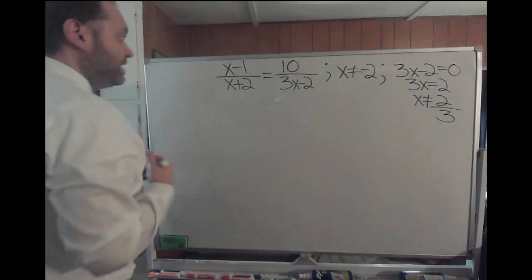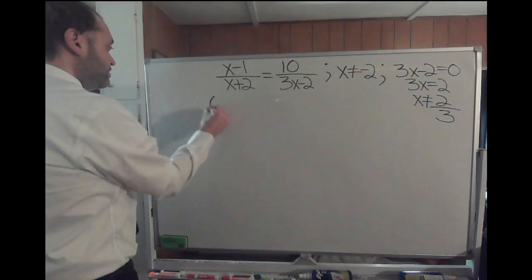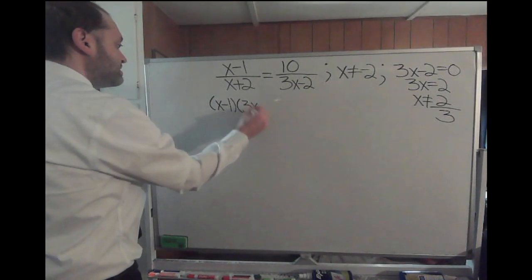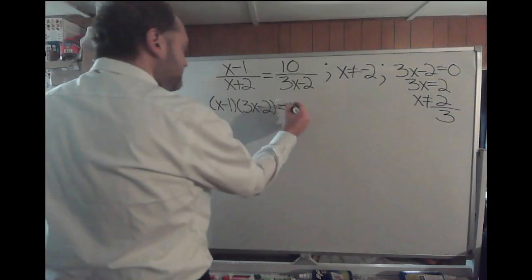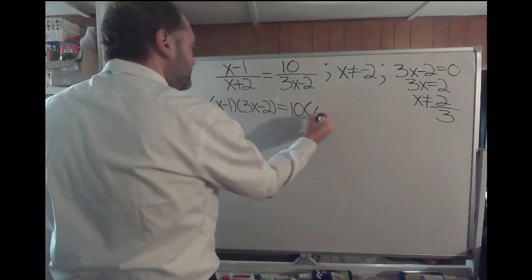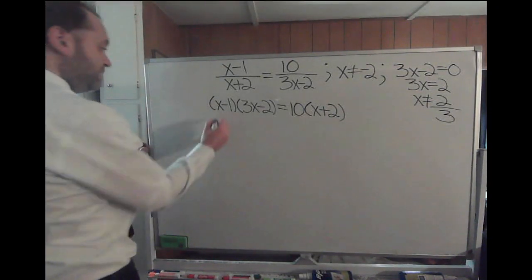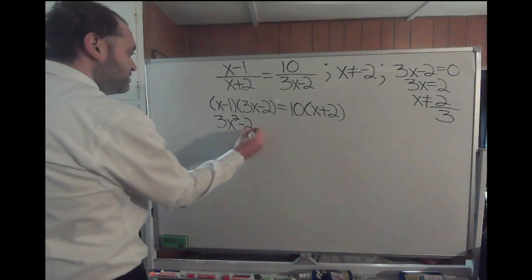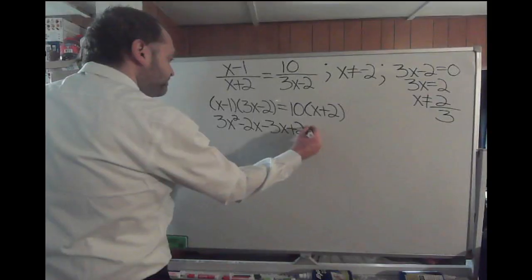So now let's go ahead and do this. Take the product of your means, which would be the quantity of x minus 1 times the quantity of 3x minus 2. Set that equal to the product of your extremes, which would be 10 times the quantity of x plus 2. So FOIL on the left, you get 3x squared minus 2x minus 3x plus 2.